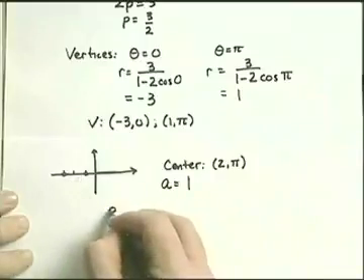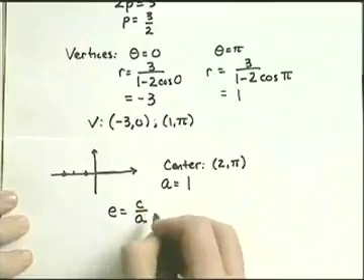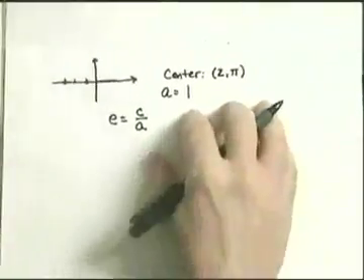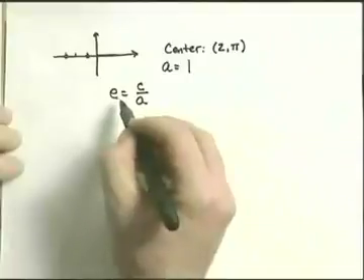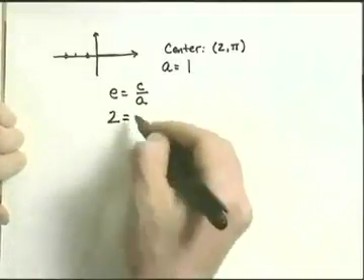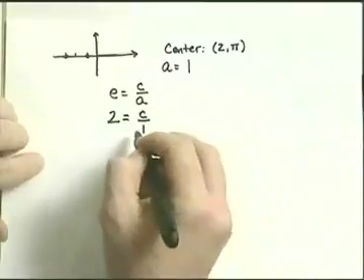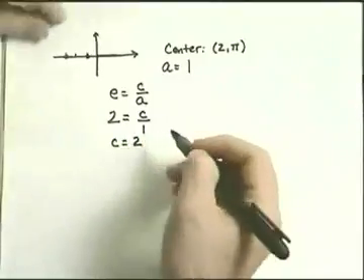Because of the fact that e equals c over a, I can then find the value of c. Here's how I can do that. I know from earlier in the problem that the eccentricity e is equal to 2, and I just learned that a is equal to 1, so now I know that c is equal to 2.